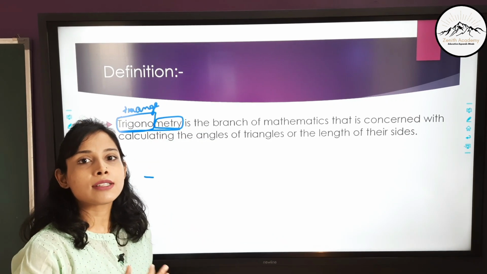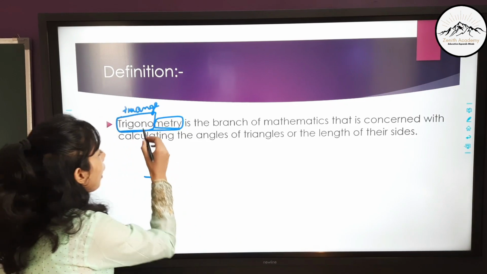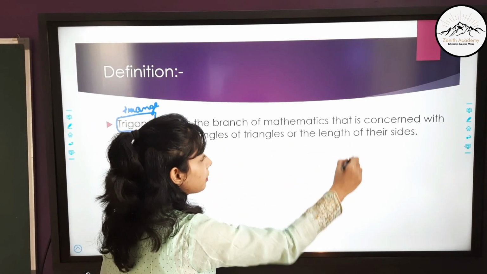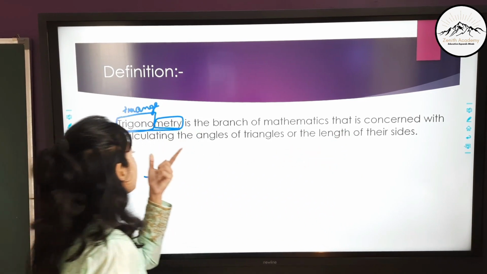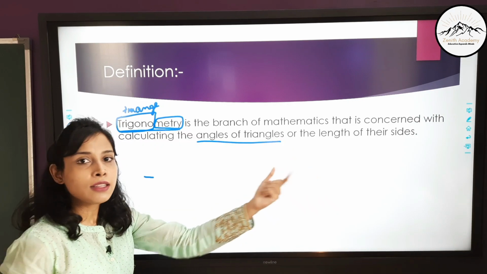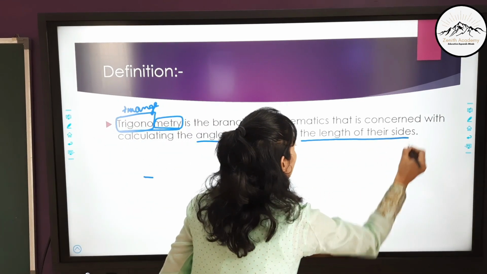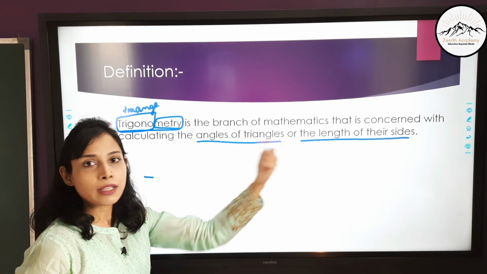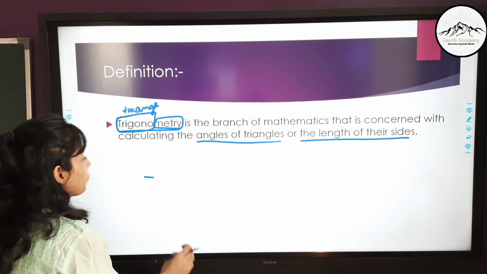So, in short, it is the measure of a triangle. And what our definition says is, trigonometry is the branch of mathematics that is concerned with calculating the angles of triangles or the length of their sides. So, trigonometry is basically the calculation of angles or the length of the sides of a triangle.